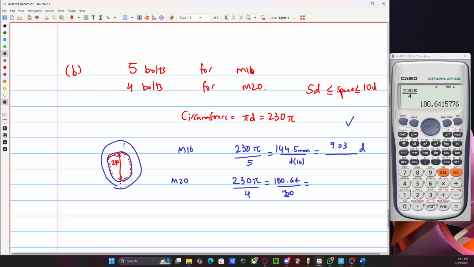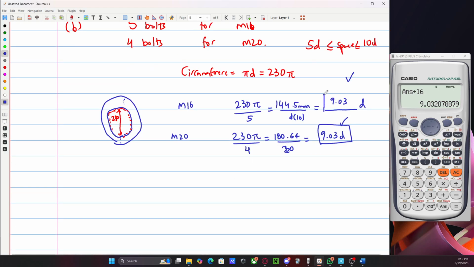So let's check this. And we get 9.03. So again, if you look here, we also get 9.03. So they're both 9.03d apart. So they're both fine, right? They both satisfy the given guidelines, so both are fine to choose.